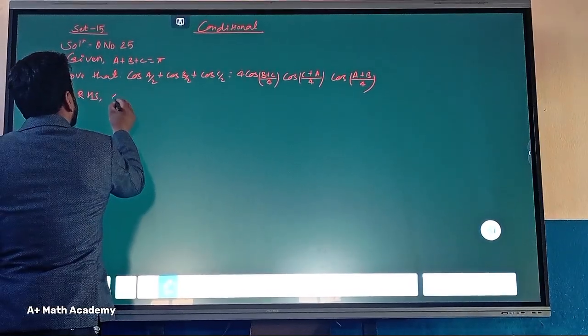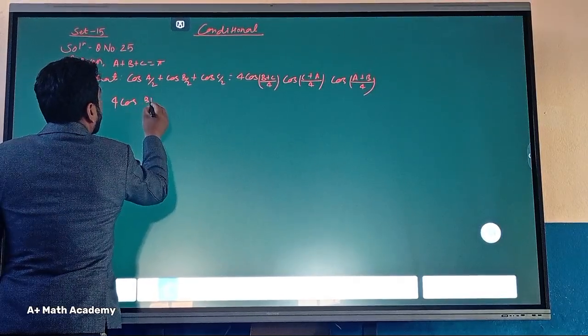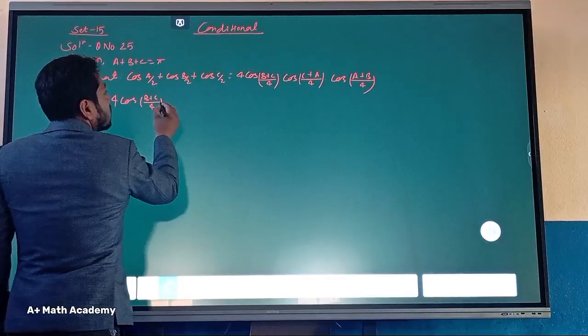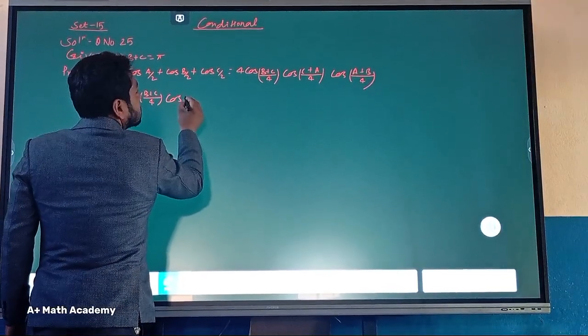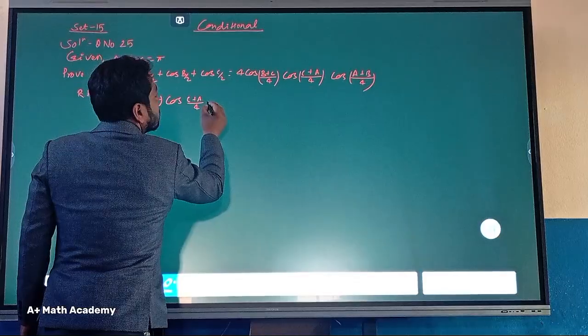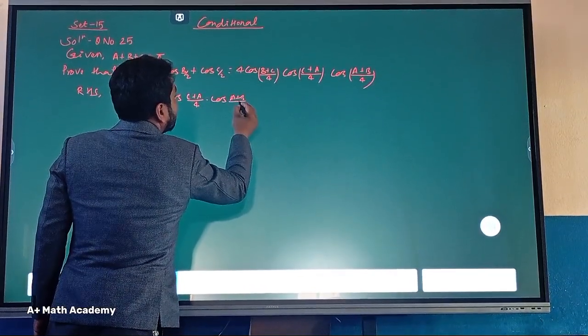RHS is 4 cos (B plus C) by 4, cos (C plus A) by 4, cos (A plus B) by 4.